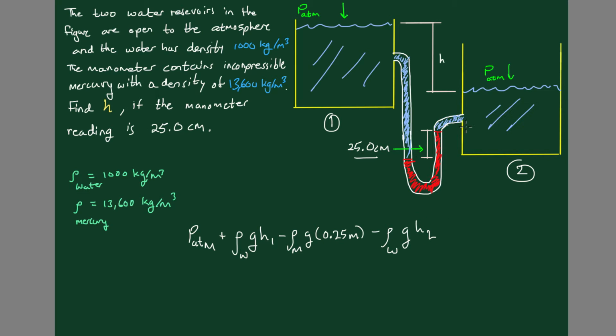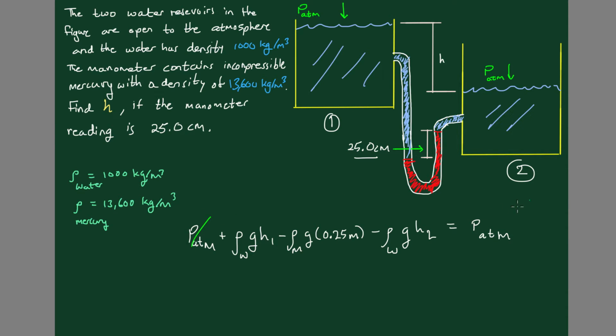So H2 is the change in the water level from this point of contact to the very top of the second reservoir. All of this must be equal to the atmospheric pressure acting on the top of the water level at the second reservoir. So this is P atmospheric.